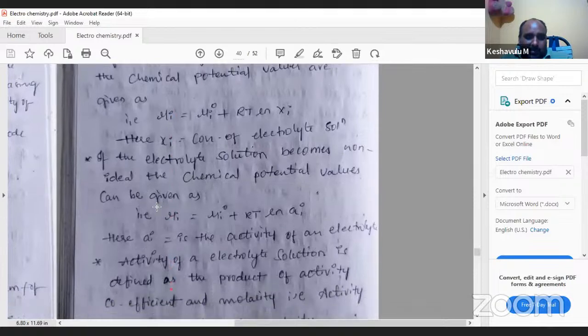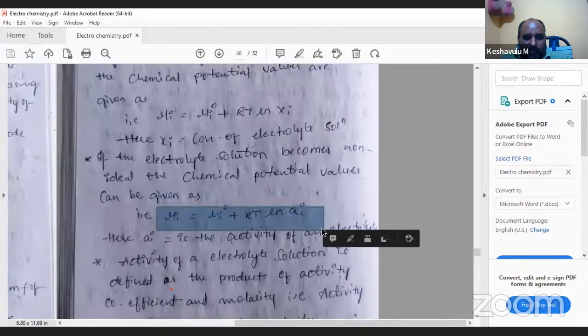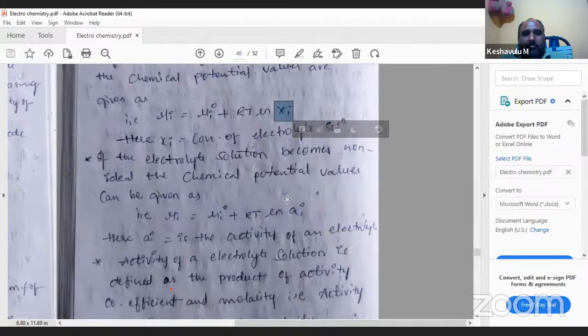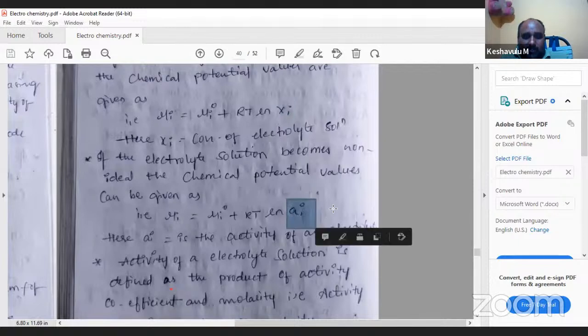Here is the equation for non-ideal solutions: mu i equals mu i naught plus RT ln ai. Here xi is for ideal solutions and ai is for non-ideal solutions, right?